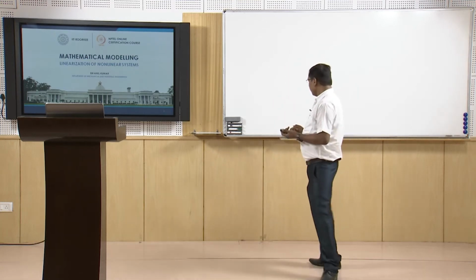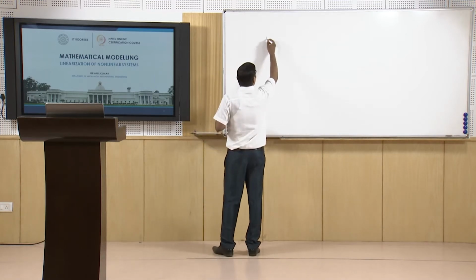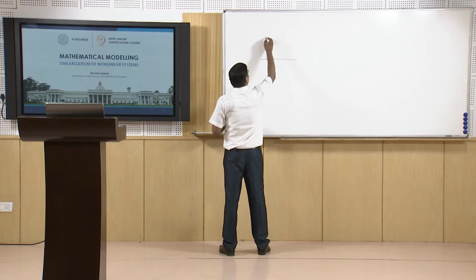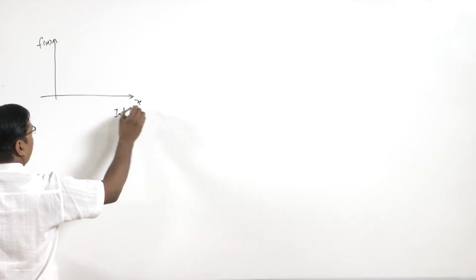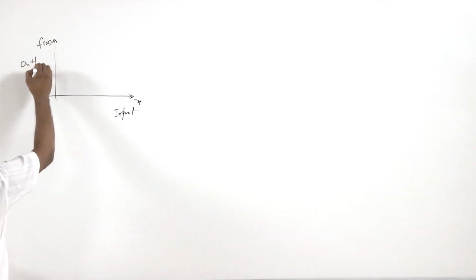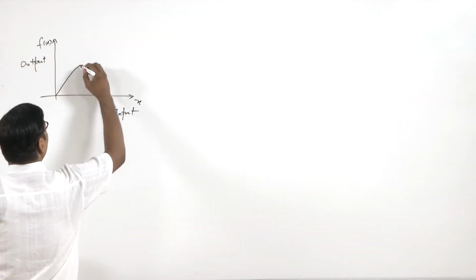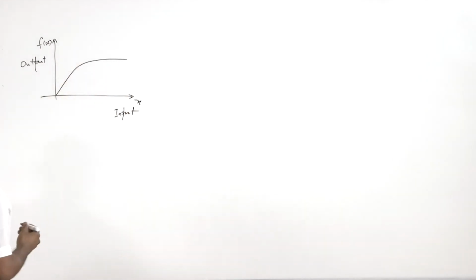So we can see that for an amplifier, if this is the input and this is the output, its relation is linear, but then it saturates after a certain input.